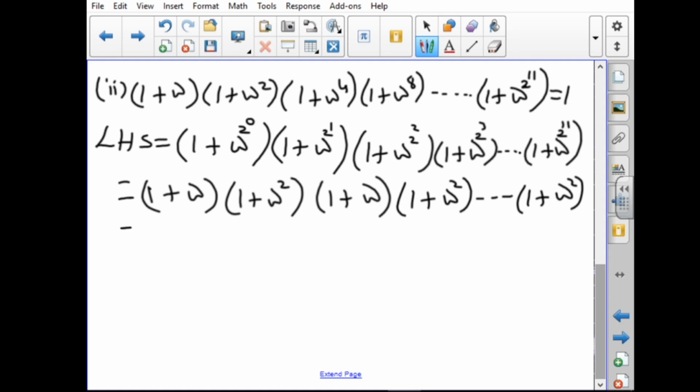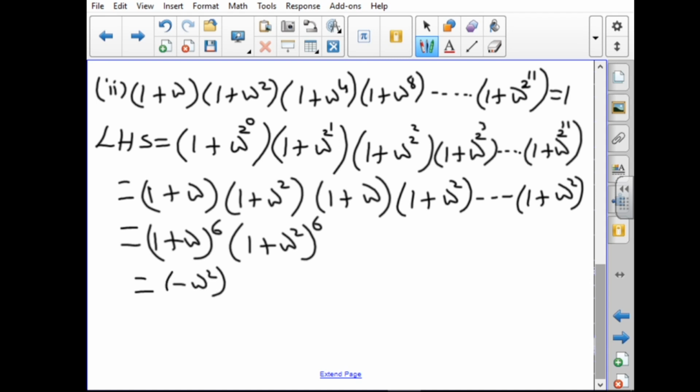When you check this, you will get 1 plus omega the whole power 6, and 1 plus omega square also will be power 6. That is, 6 times you will be having 1 plus omega, and 6 times you will be having 1 plus omega square. So 1 plus omega the whole power 6 into 1 plus omega square the whole power 6. The result is nothing but minus omega square power 6, and this is minus omega power 6.